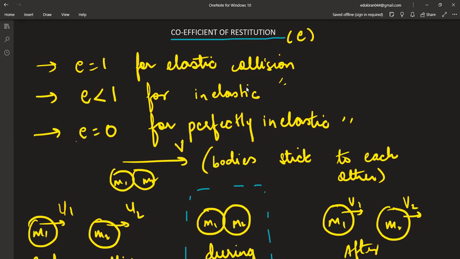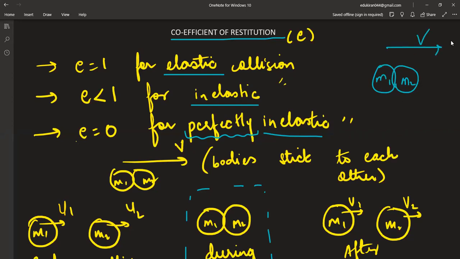Now elastic is fine, inelastic is fine. What is meant by perfectly inelastic? It means the bodies, when they have collided, stick to each other and move together with a common velocity.